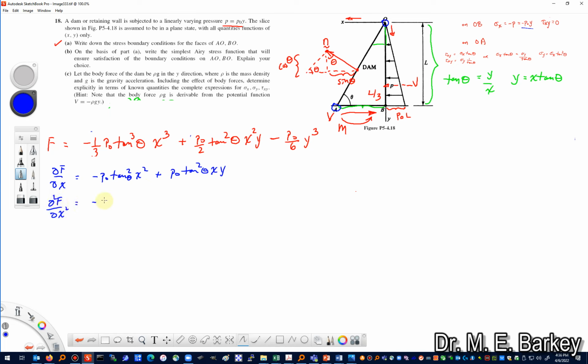It's going to be a minus 2 p naught tangent squared theta x, and then a plus p naught tangent squared theta times y.